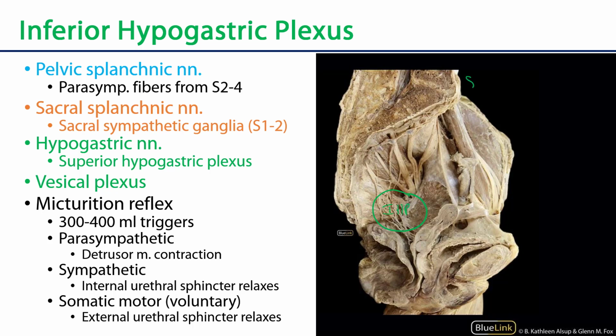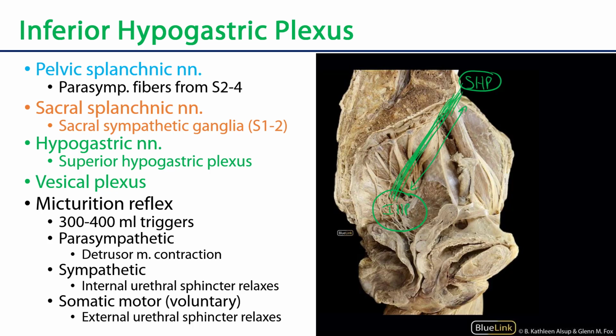There's also a superior hypogastric plexus that is found at the bifurcation, just inferior to the bifurcation of the common iliac arteries. And then there are condensations of fibers that travel, and they've been cut here, but they have continuity between these two plexuses. So these are mixed autonomic plexuses in bidirectional communication with one another.